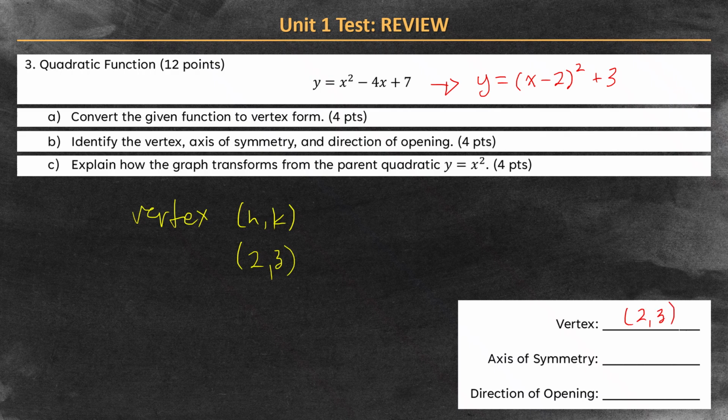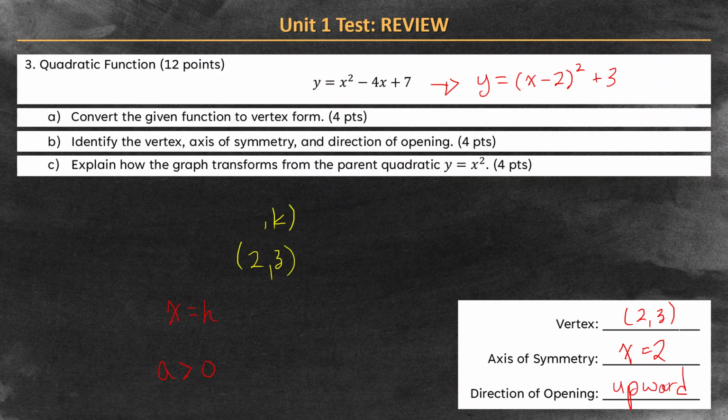The axis of symmetry is going to be x is equal to h. So my axis of symmetry is going to be x is equal to 2. And then what is the direction of opening? The a value is greater than 0, so the direction of opening is upward. There we have it. That's part B.